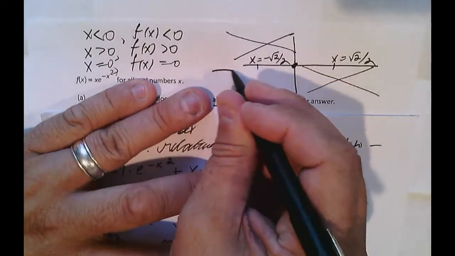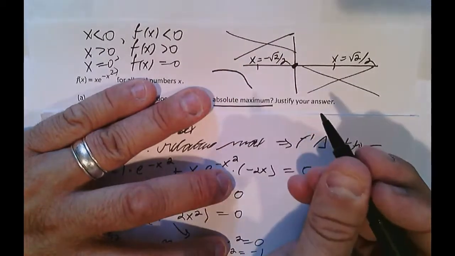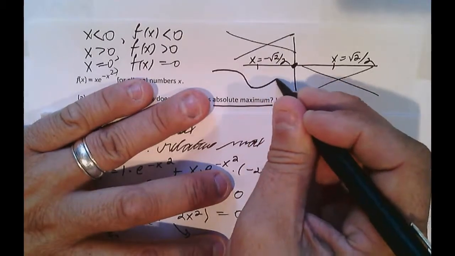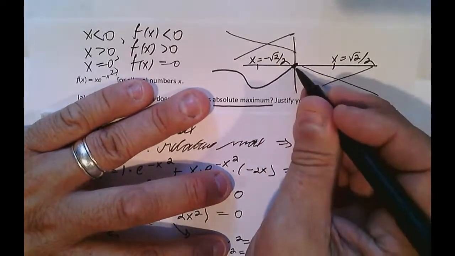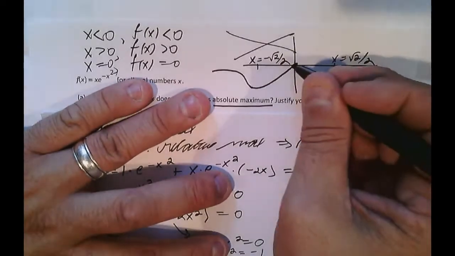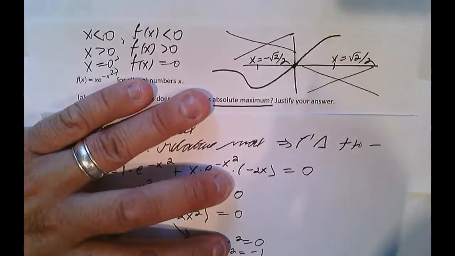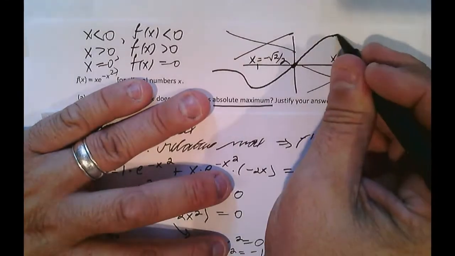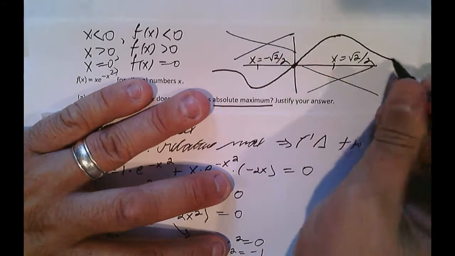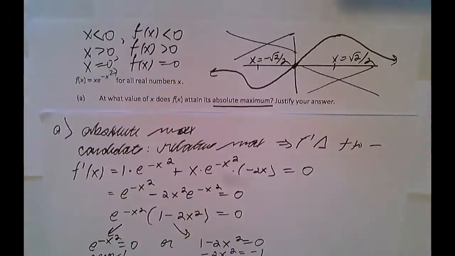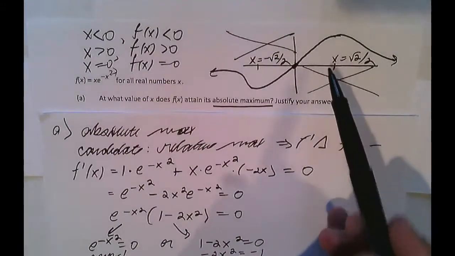So my graph is probably going to look something like that. At x equals negative square root of 2 over 2, I start to increase, but I have to increase and pass through the origin. From 0 to square root of 2 over 2, I continue to increase. And from x equals square root of 2 over 2 on to forever, my graph decreases and will never get down into this quadrant. That is a tough graph.